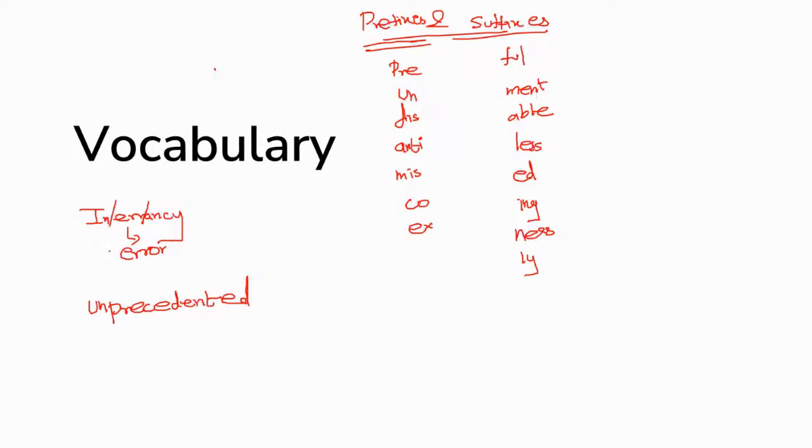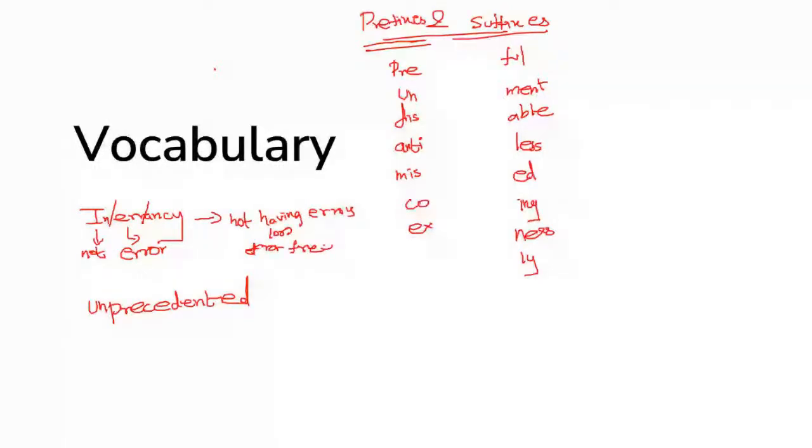The prefix in means not, and from these words we can say inerrancy means not having errors, or error free.